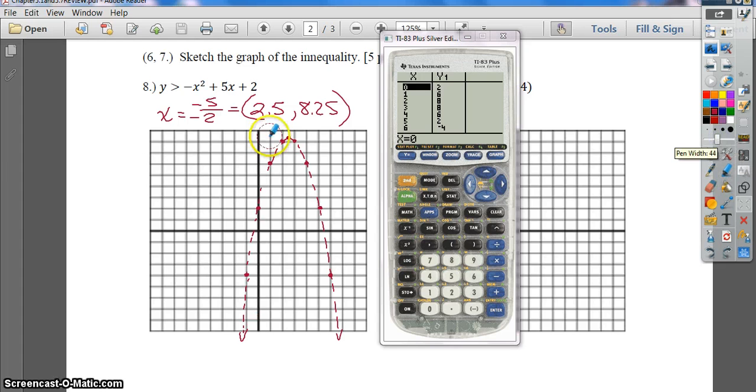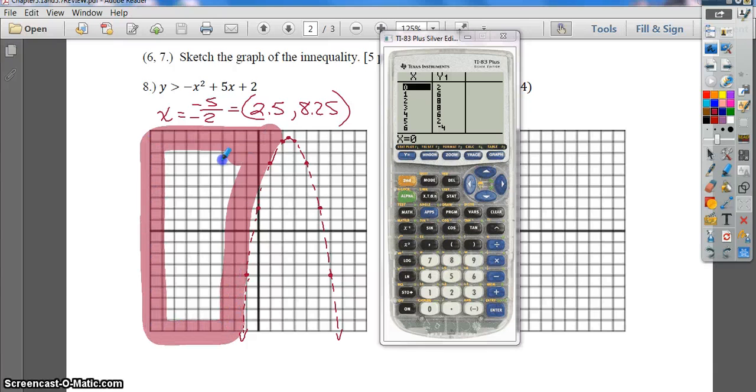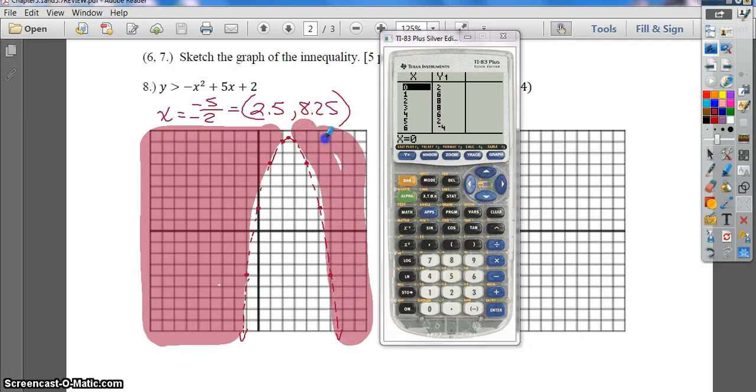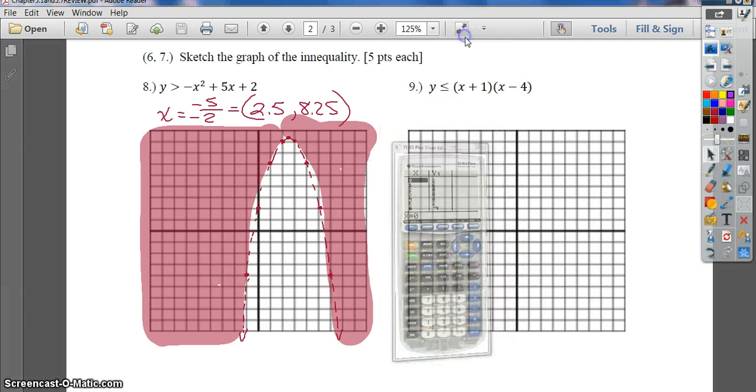Okay, and we want to be greater than, so we're up here. And here's my parabola, there's my shading. Okay, there you go. So let's jump to number 2 here.